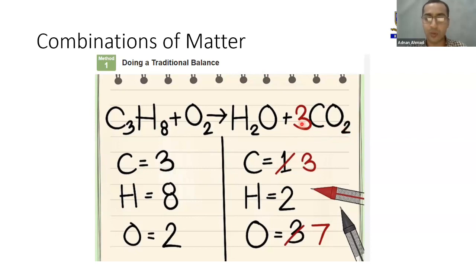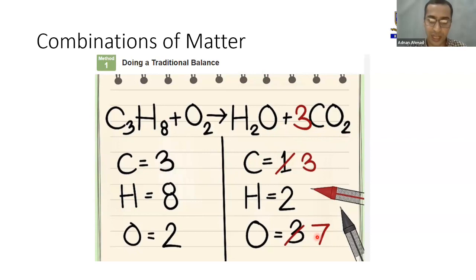So what do we get when we times 3 times 2? What do we get? 6 plus 1, 7. So by changing the number of carbon, so oxygens now have changed. So how will you fix this?